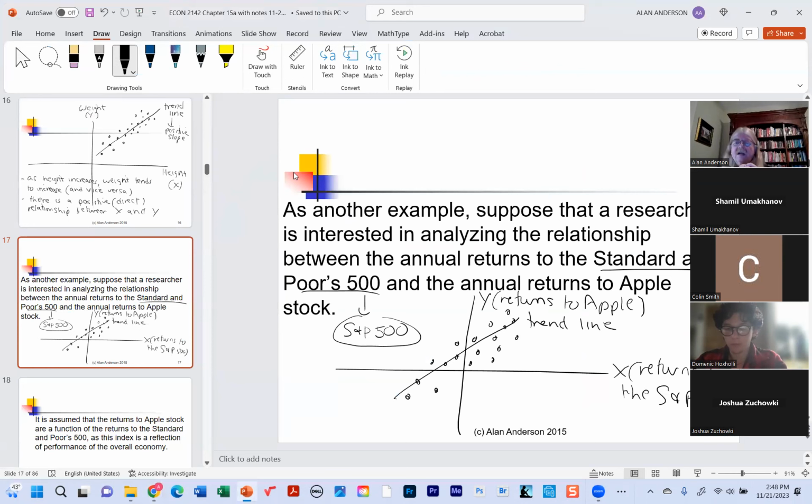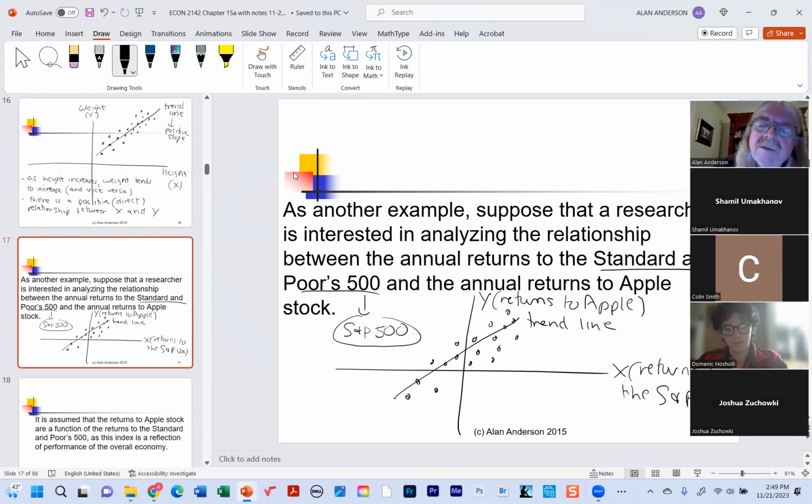what we'd like to know is how does the S&P 500 affect the returns to Apple stock? Now, obviously, Apple stock is a very successful company, but it's also affected by the state of the economy. So what we'd like to know is if there's an actual connection between returns of the S&P 500 and Apple stock. Of course there is, but we want to know how strong that relationship is. So we gather up our data, just like we did before.